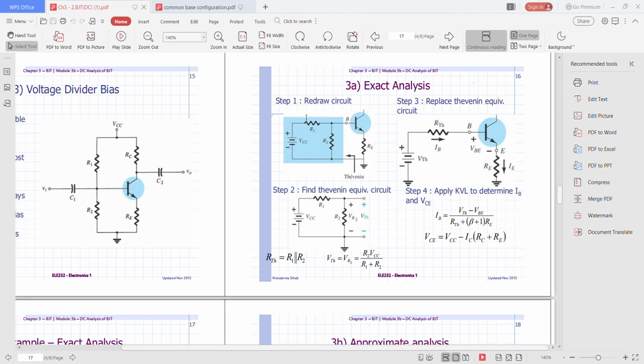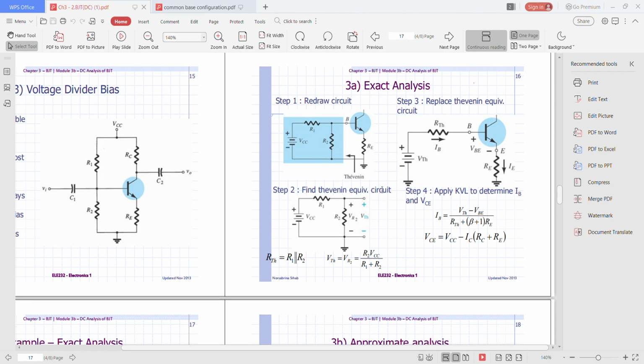So the first step is to redraw the circuit. This circuit comes from the voltage divider circuit. After you have redrawn the circuit, you need to find the Thevenin equivalent circuit.